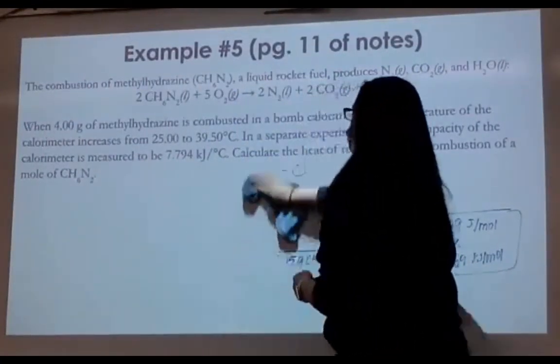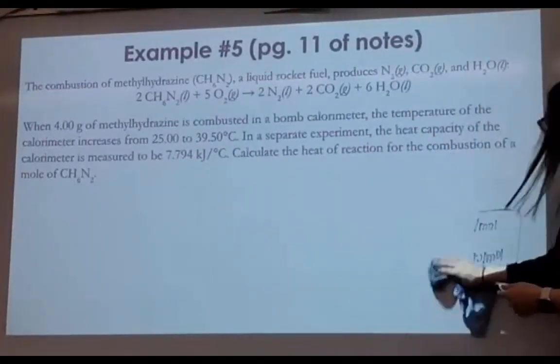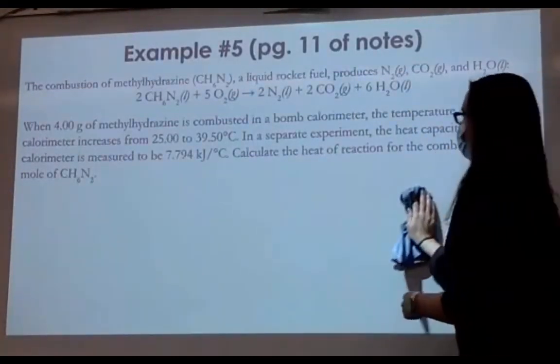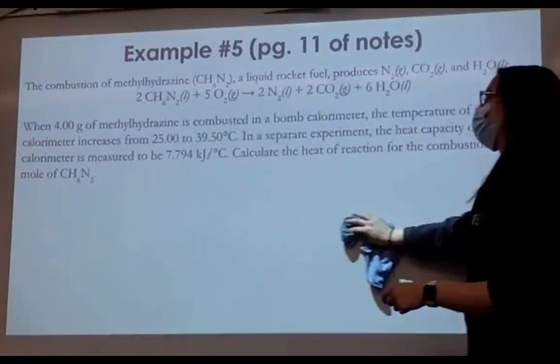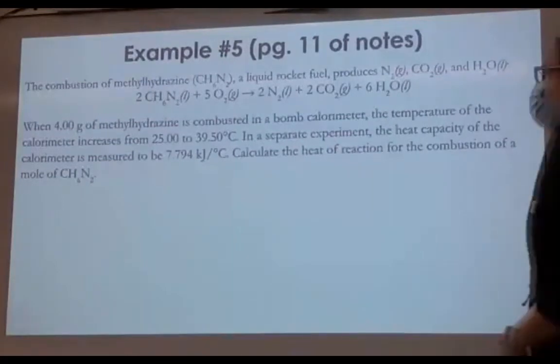And it says when 4 grams of methyl hydrazine is combusted in a bomb calorimeter, the temperature of the calorimeter increases from 25 to 39.5 degrees Celsius. In a separate experiment, the heat capacity of the calorimeter is measured to be 7.794 kilojoules per degree Celsius. Calculate the heat of reaction for the combustion of a mole of CH6N2.